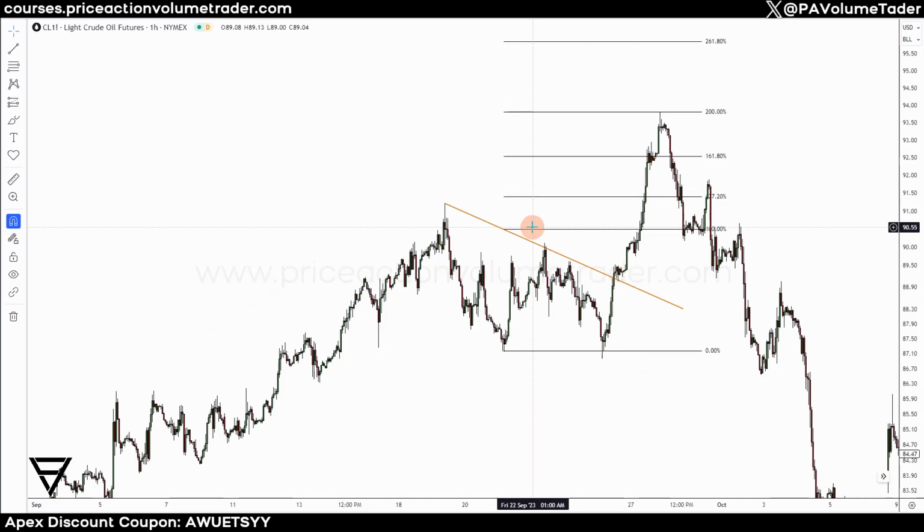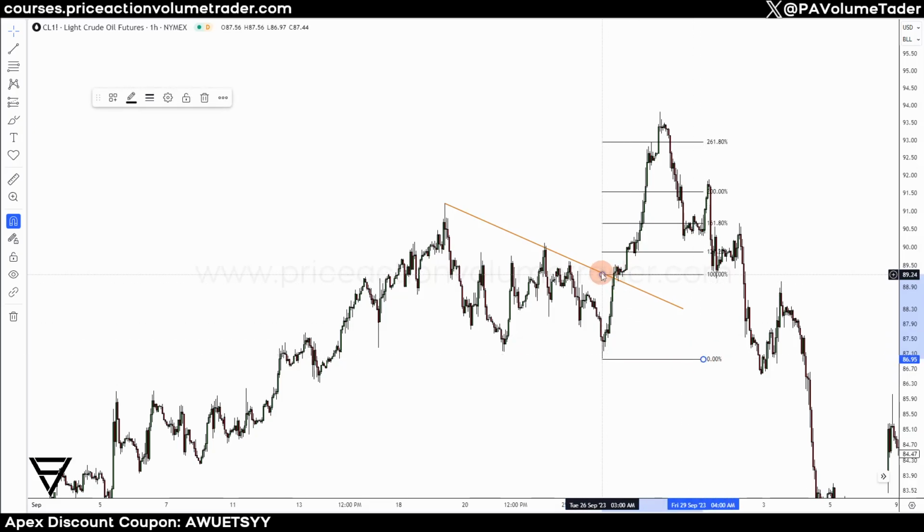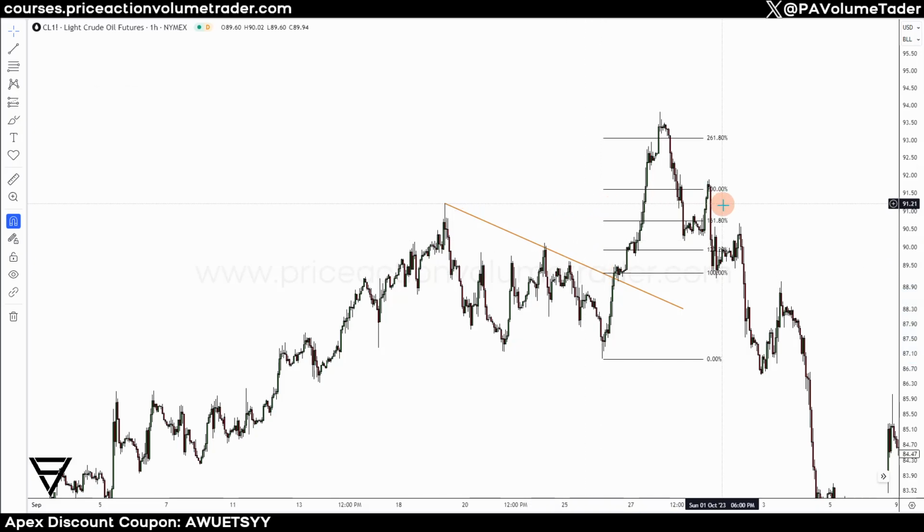You can see here, if I take this and move it back here and use this point from here up, measuring into the trend line directly above, you can see in this case we did go all the way past 261.80.